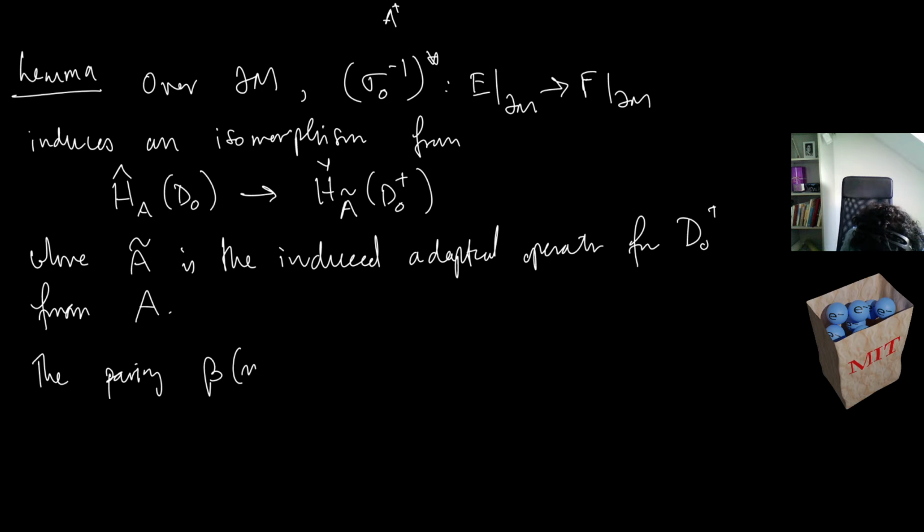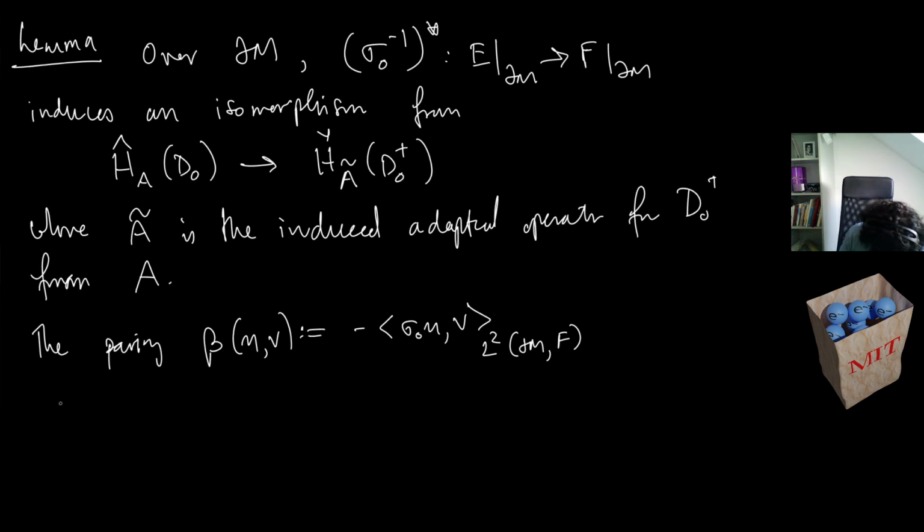beta(u, v) defined as negative sigma naught u, v, L2 on the boundary in F, for u in C infinity.